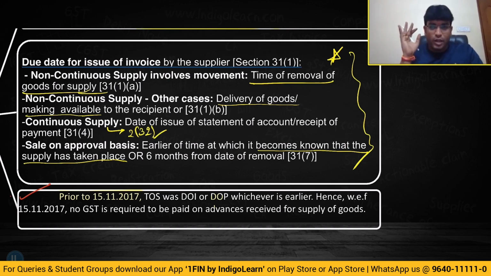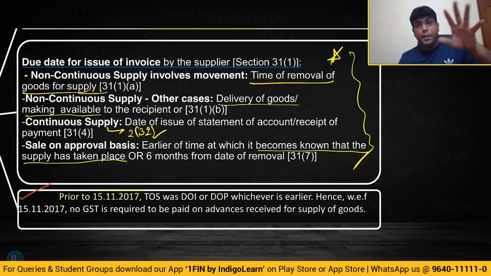So they are required to issue the invoice, and there could be an actual invoice date also. Those two, whichever is earlier. So that is the way we are handling it. We are never going to tell that date of payment is time of supply. That is impossible. Time of supply is always date of invoice, which could be actual date or last date, whichever is earlier. And last date depends upon section 31. That is what you have to observe, my dear friend. I hope you are clear.